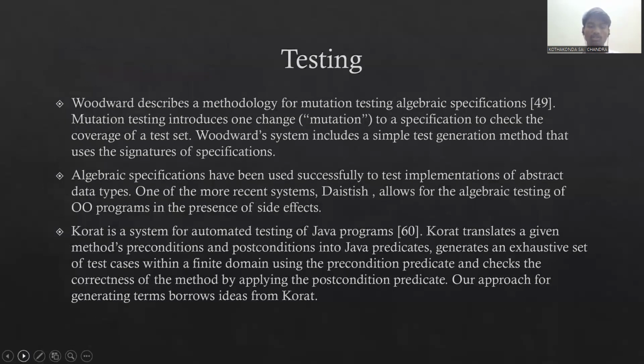And this is the testing process of the Java container class. Woodward describes a methodology for mutation testing algebraic specifications. Mutation testing introduces one change to a specification to check the coverage of a test set.